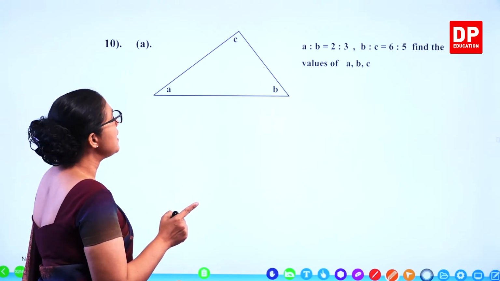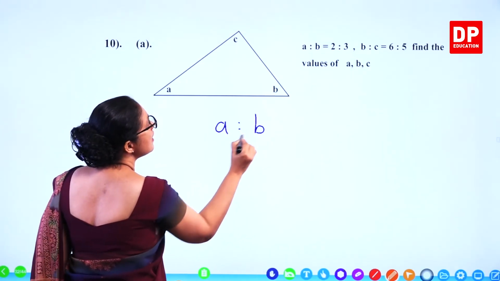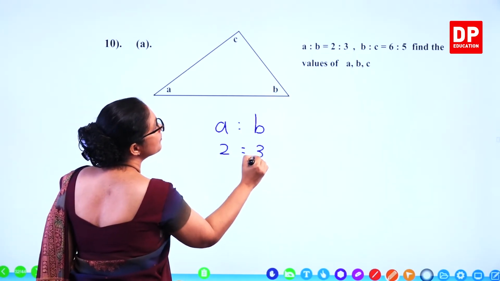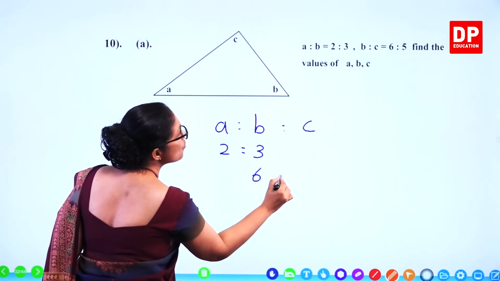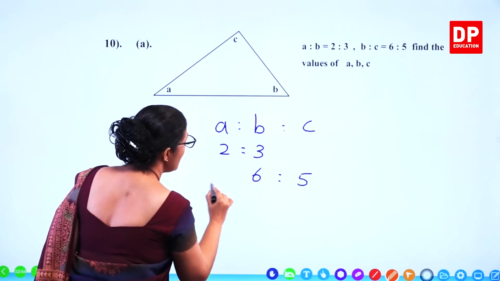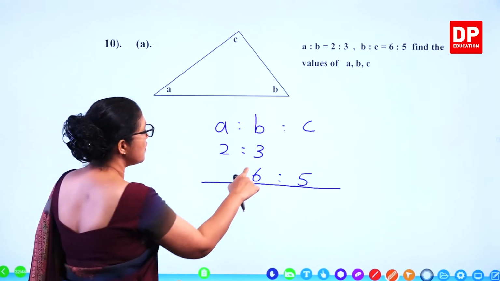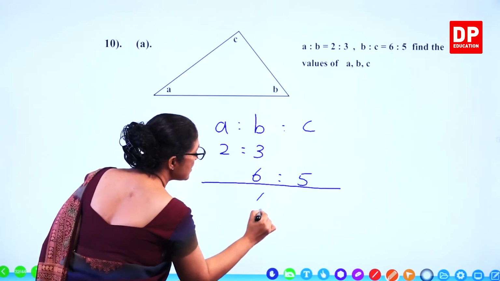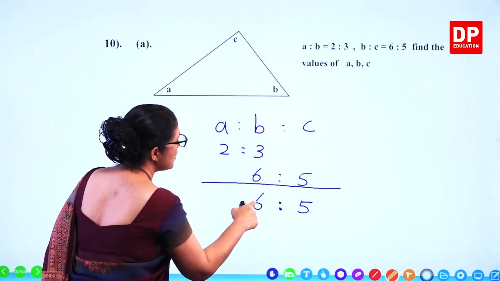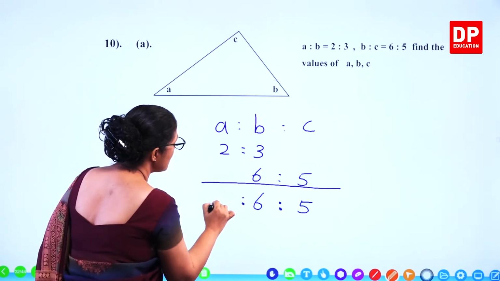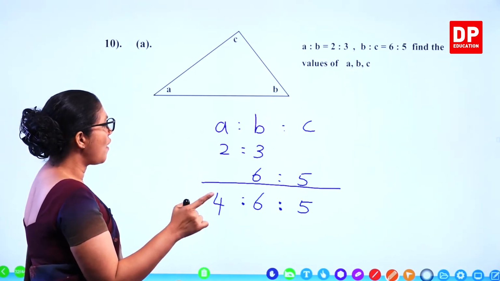Find the values of A, B, C. So first we'll find out what's the common ratio for A to B to C. So this means 3 and 6 we can take 6. Here you have to multiply by 2. So this becomes 4. So A to B to C ratio is 4 to 6 to 5.